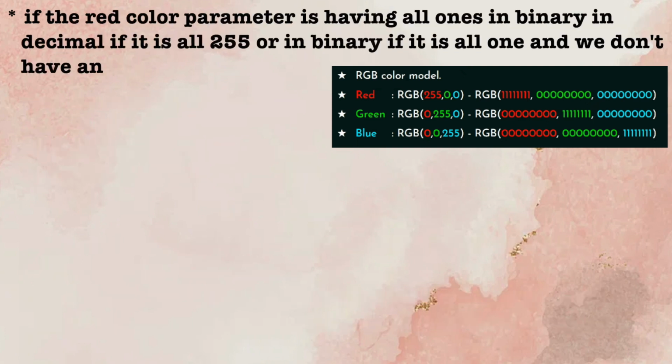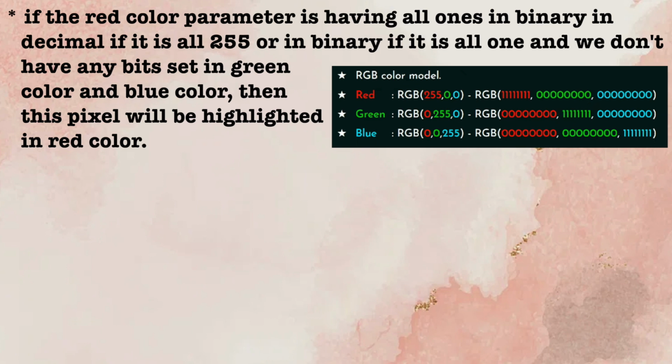If the red parameter has all ones in binary, which is 255 in decimal, and we don't have any bits set in green and blue, then this pixel will be highlighted in red color.